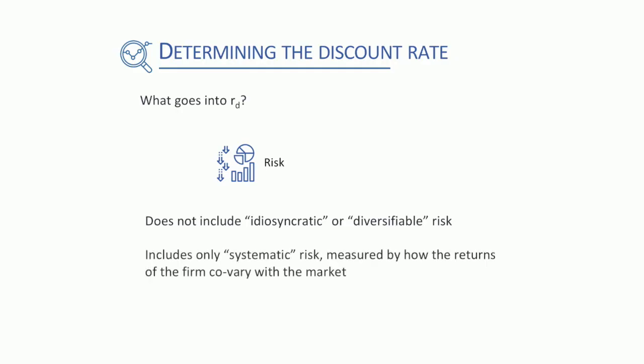Well, what is left then? Because I said we need to account for risk. Well, the piece that is left is what we call systematic risk. Systematic risk, you should think of it as risk that I cannot get rid of by diversifying.